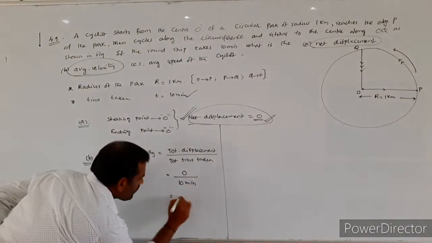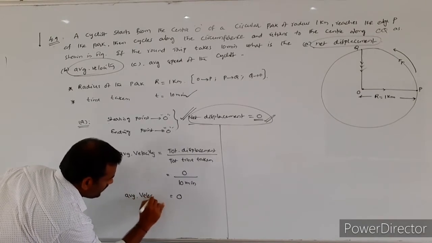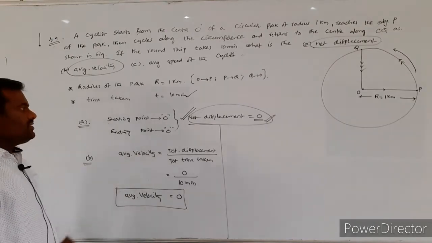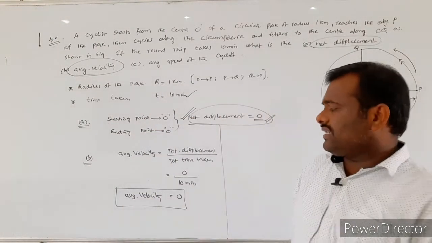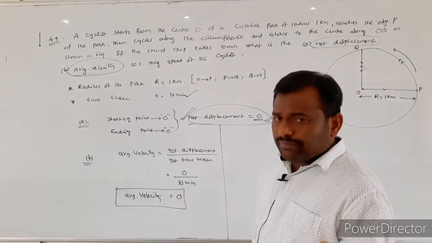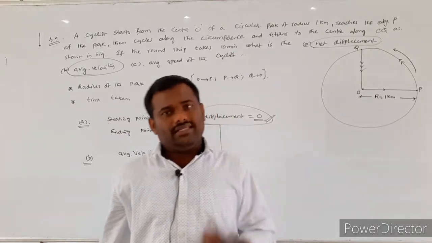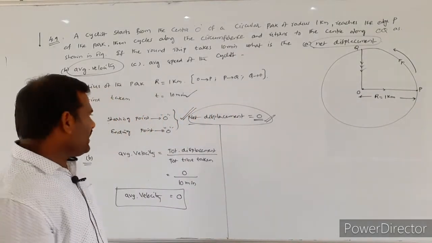So again you get average velocity equal to 0. Simple thing we have to remember: if there is no displacement, there is no velocity. This is about the second case.